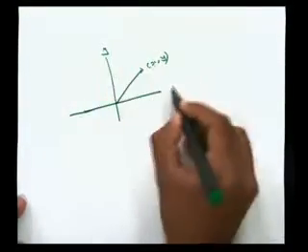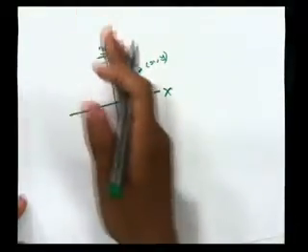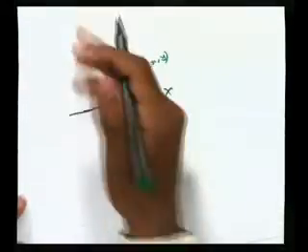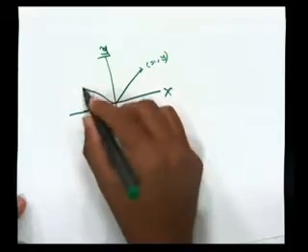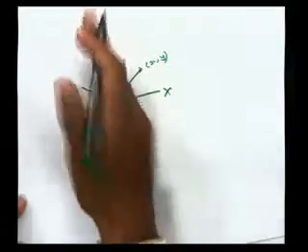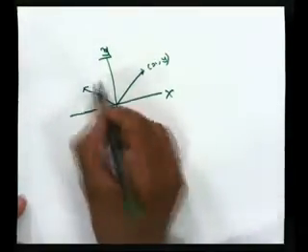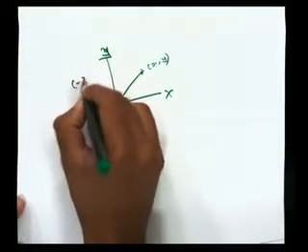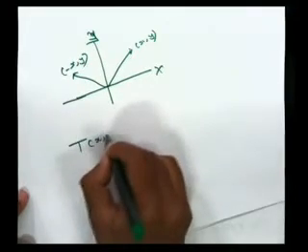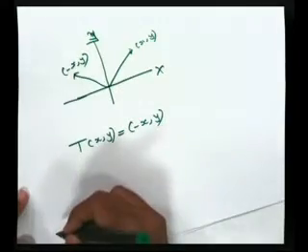So this is the y-axis, this is the x-axis. Reflection about the y-axis means we have to take the image of this vector about the y-axis. We imagine that this is a mirror. So the image of this vector is here, and this vector is minus x, y. So the equation becomes T of xy is equal to minus x, y, right?